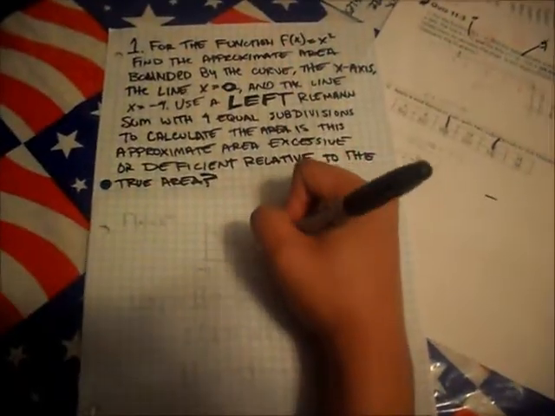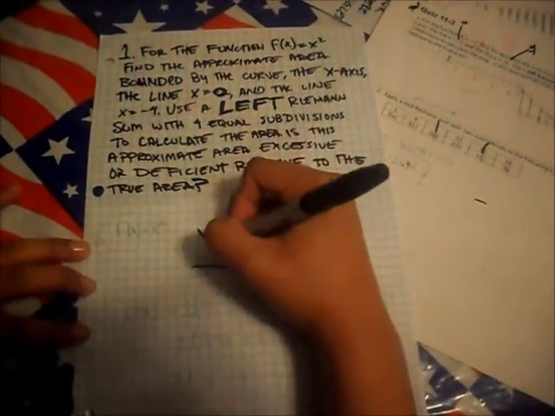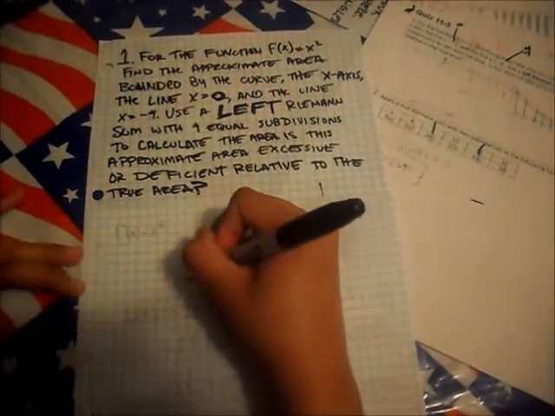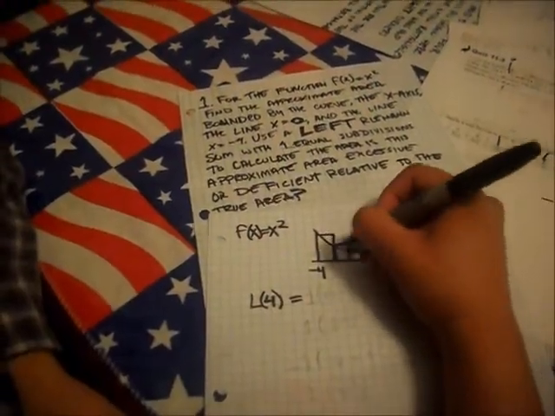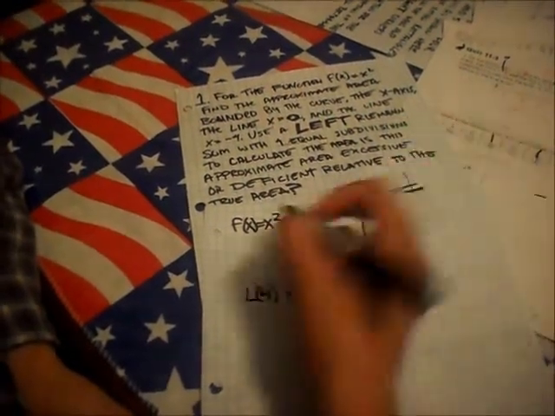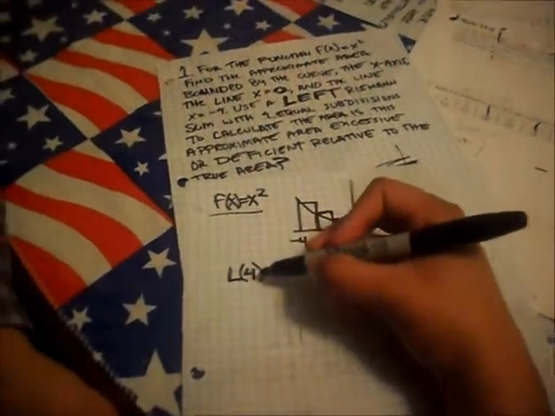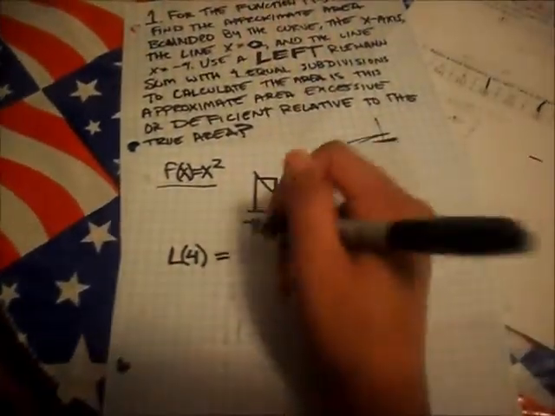Okay, so let me try. This is what the graph would look like. We broke them into 4 sub-intervals. And here's the equation. So we're going to begin with left. We put a 4 here because it's divided into 4.